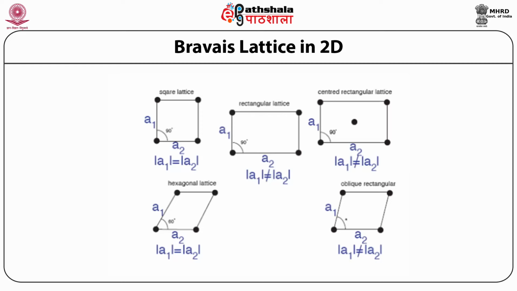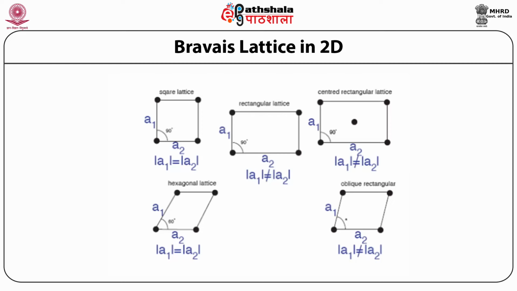Now there is a centered rectangular lattice. In this type of lattice, the angle between A1 and A2 is 90 degrees, A1 is not equal to A2, but there is also a lattice point at the center of this rectangle. That forms a centered rectangular lattice. In this next diagram, you see the hexagonal lattice.